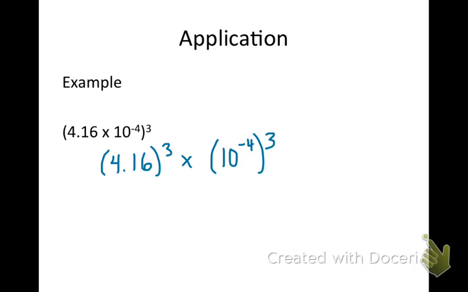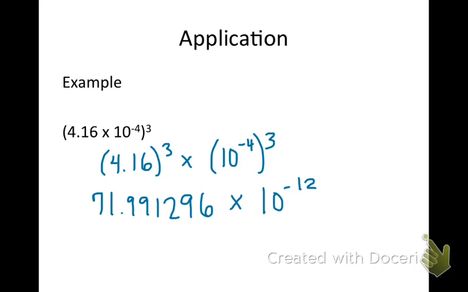You can use your y to the x button on your calculator to simplify this part. And then use the power property, which would let you take negative 4 times 3 to get 10 to the negative 12th.